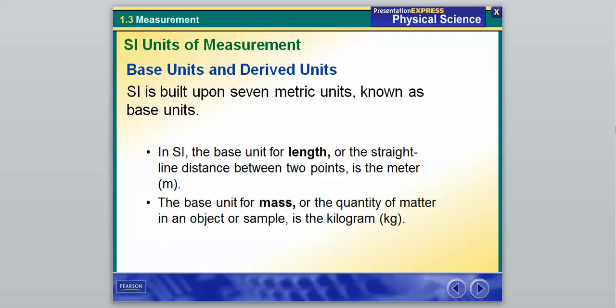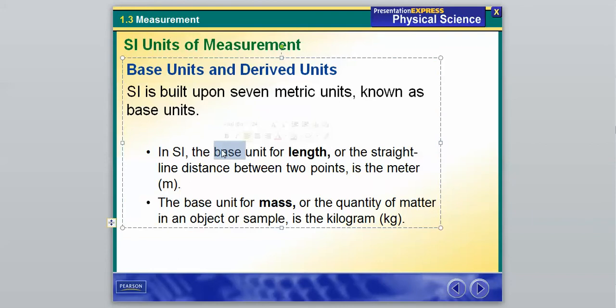Continuing on with more specifics about our SI units, SI is built upon 7 metric units that are known as our base units. It's built upon the metric system, but it's a little bit different. Our base unit for length, which is our default unit when we're measuring length, is the meter.